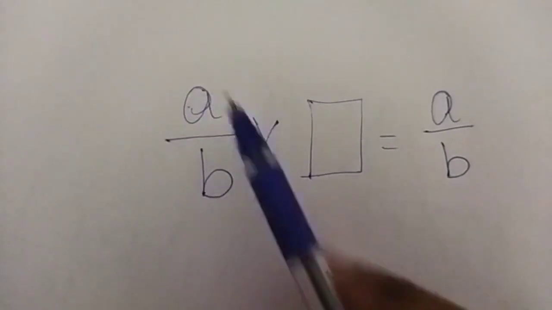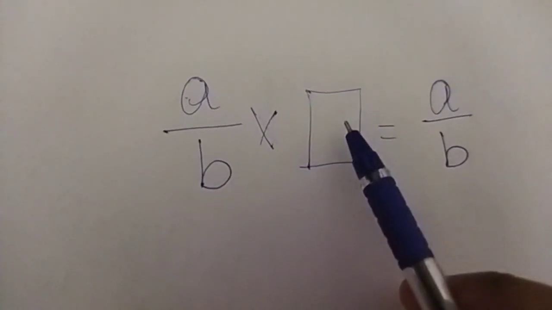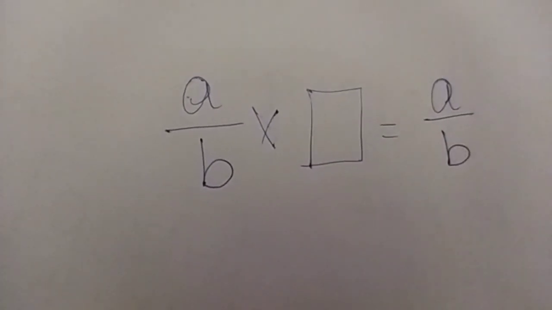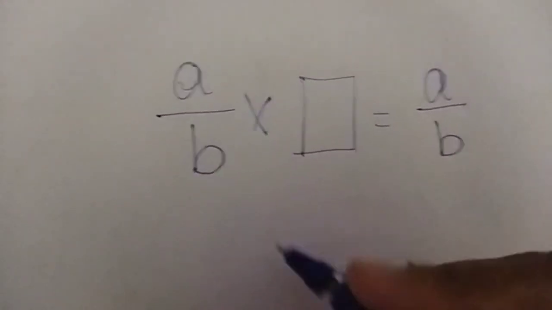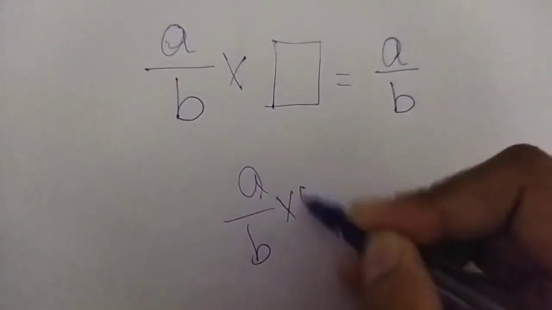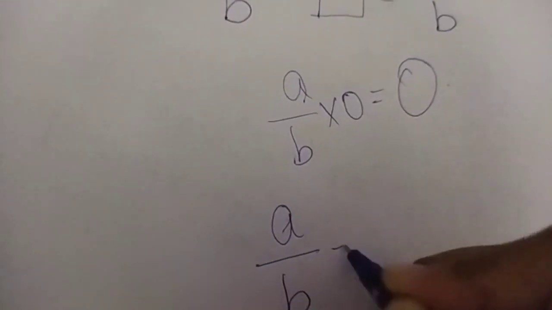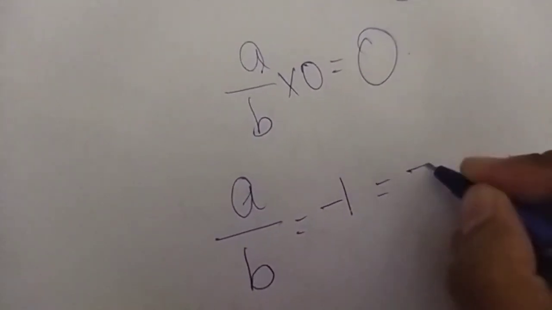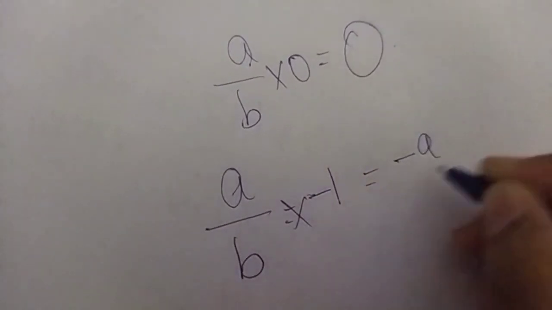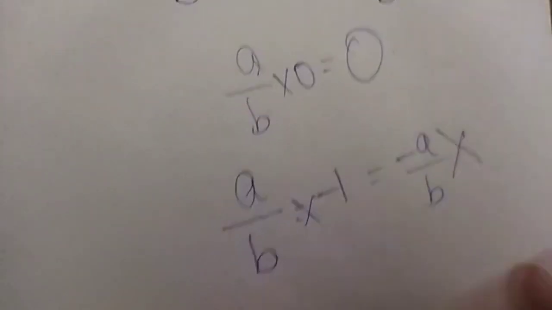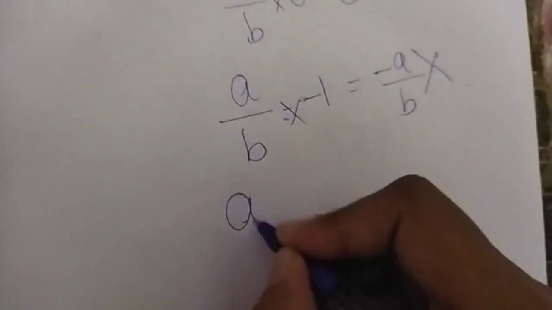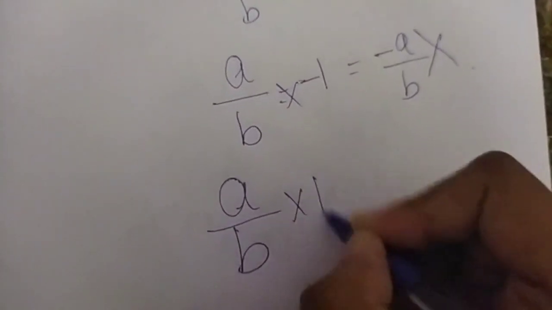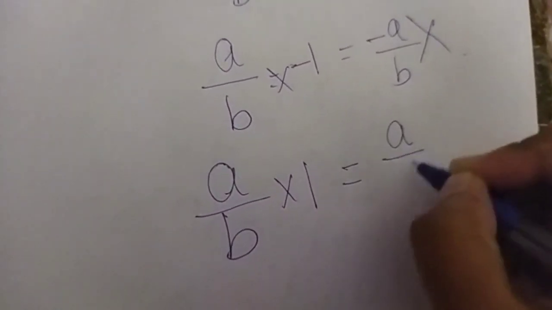If you multiply a by b by 0, you get product as 0. If you multiply a by b by minus 1, the product is minus a by b, which is not equal. So the only possible way is a by b into 1, which is equal to a by b.